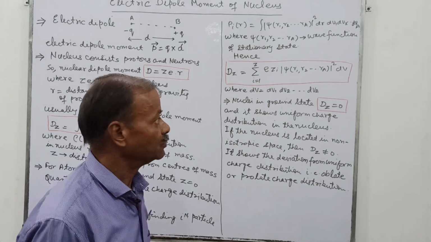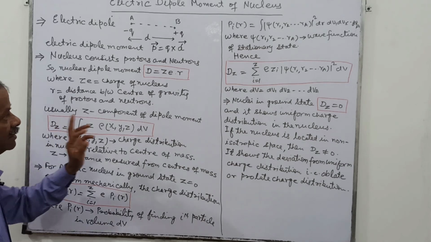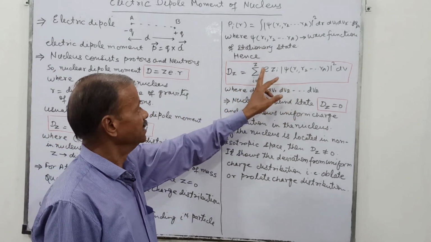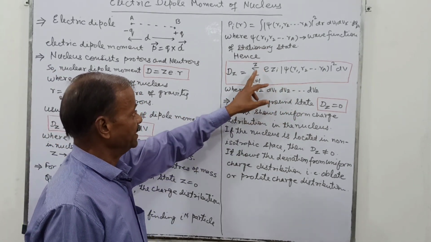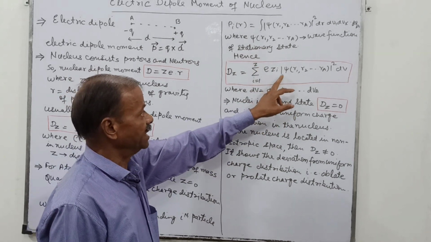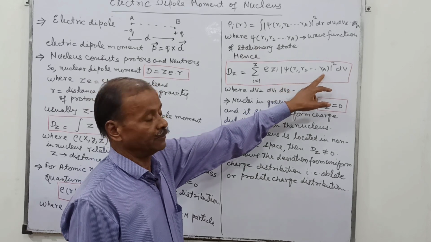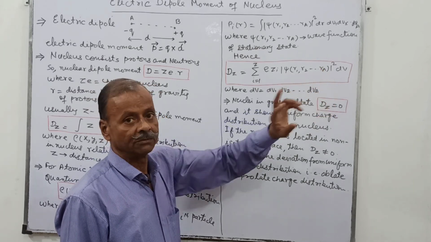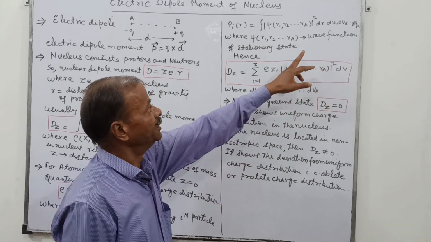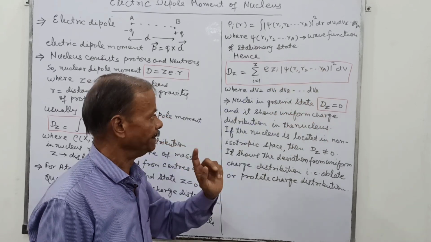Hence this dz that we have here, we can write as the integral of the summation from i equals 1 to Z of e z_i times |psi(r1, r2 up to rA)|^2 dV, where dV equals dV1, dV2 and so on up to dVA.